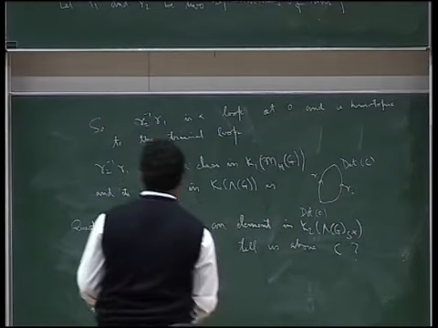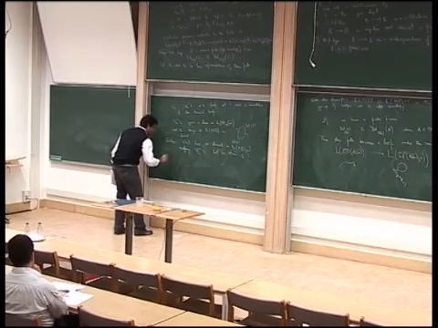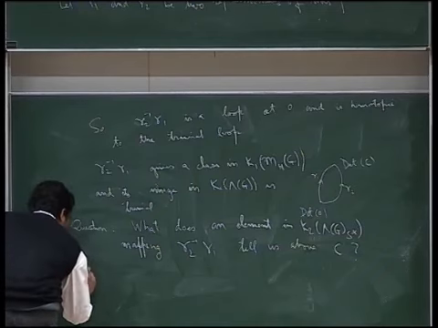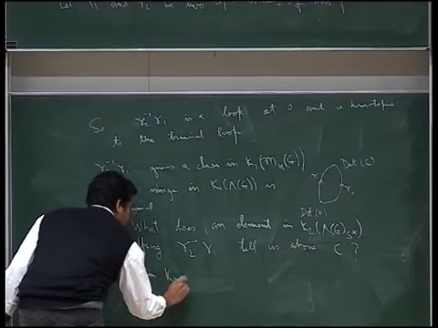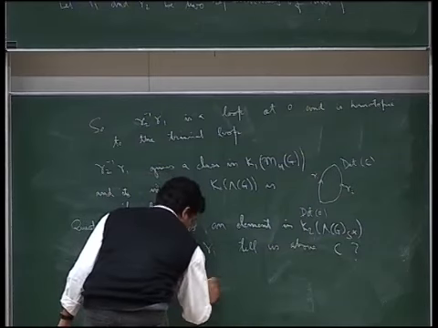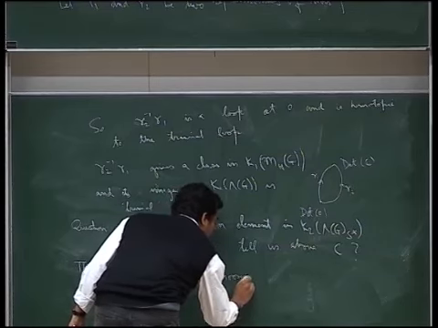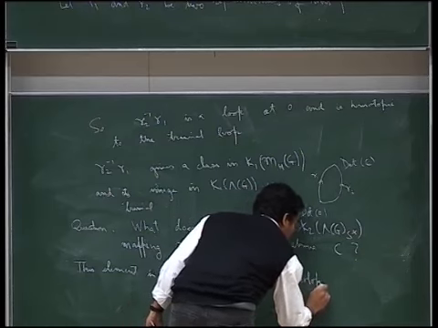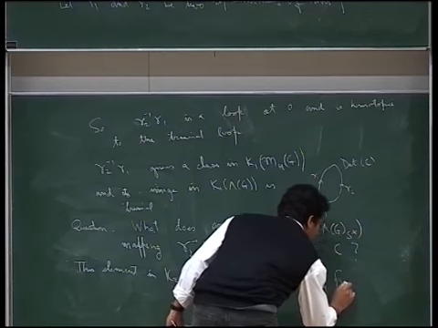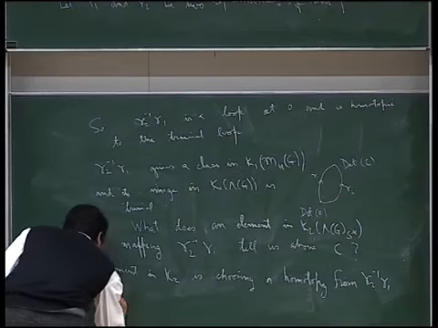So it's clear what it means. This element in K2 is choosing a homotopy from gamma 2 inverse gamma 1 to the trivial loop.